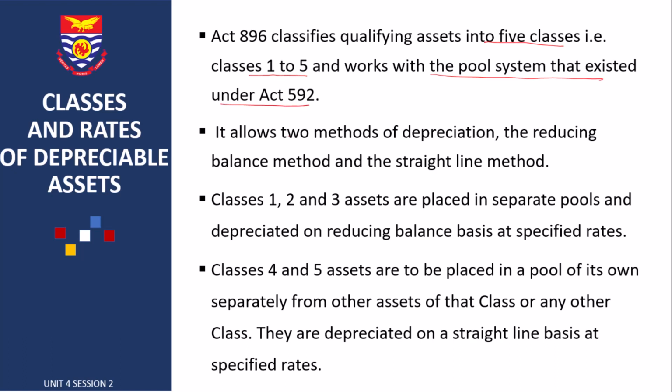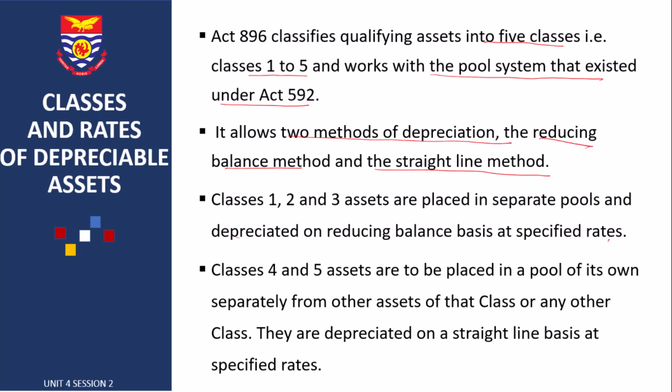It allows 2 methods of depreciation, the reducing balance method and the straight line method. Classes 1, 2, and 3 are placed in separate pools and depreciated on the reducing balance basis at specified rates.